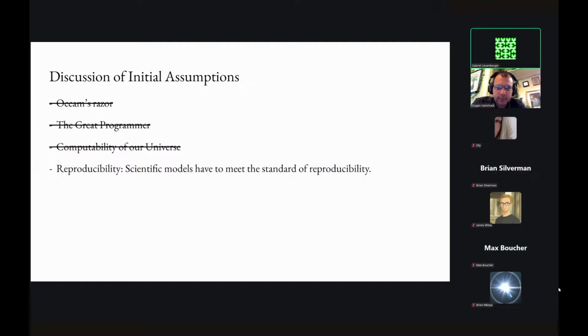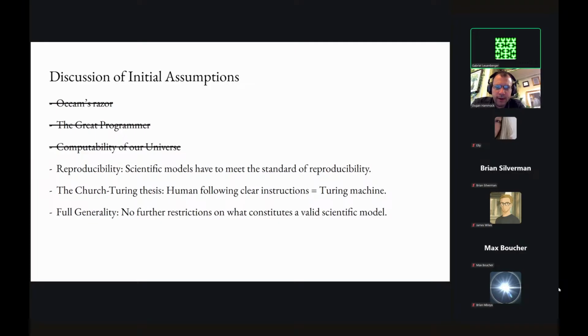So if you run a scientific model, it should give you the same result. That's what I mentioned earlier about the algorithms. You should not be able to circumvent falsification and stuff like that. And the Church-Turing thesis is another initial assumption, which I mentioned earlier, and then the full generality. And the lambda calculus is extremely simple.